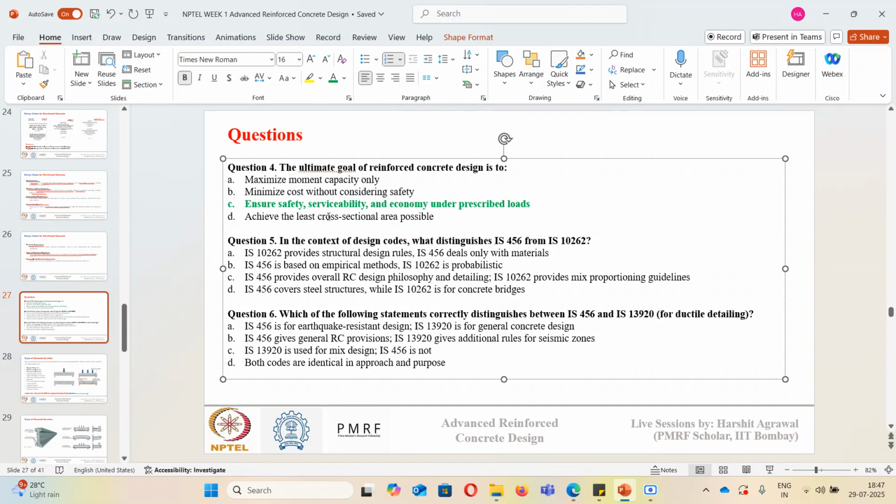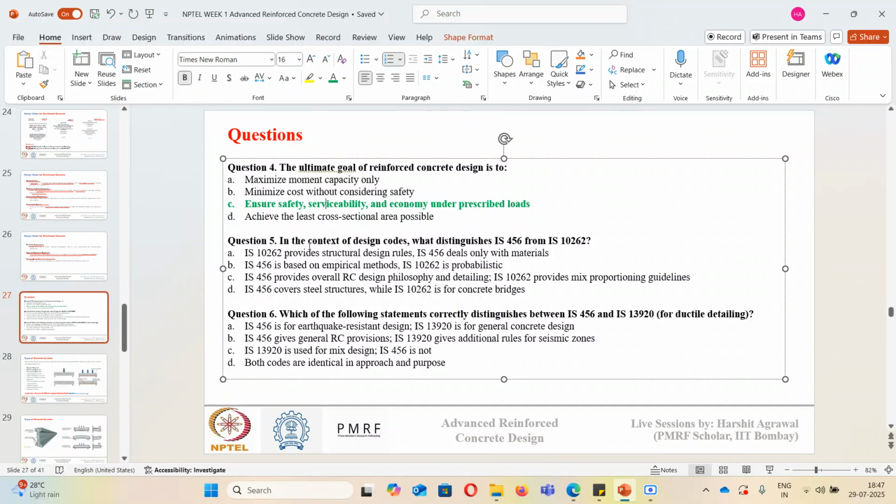My structure should be safe, it should not collapse. My structure should be serviceable, like there should not be excessive deflection or cracking in the structure, and the design should be economical. Okay, so what these design codes do, they provide practices that can enforce a balanced approach for achieving all these three criteria.